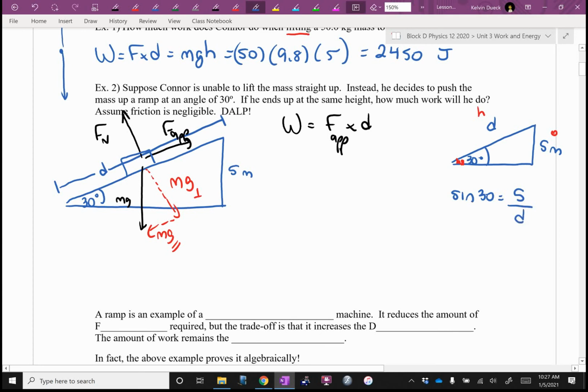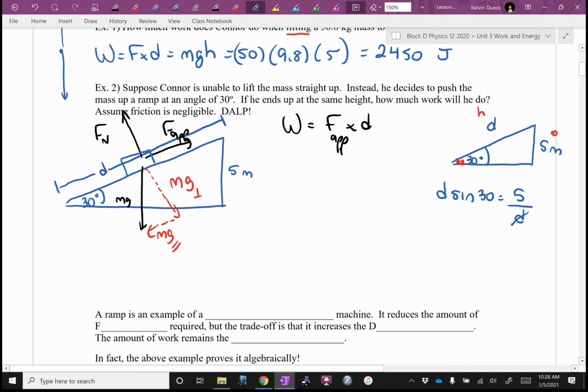How would I get the d by itself? Well, dividing by d on the bottom on the right, that's the same as multiplying by d there, yes? Remember all these little tricks of the trade we picked up? And then how would I get the sine 30 over? How to move the sine 30 over to get the d by itself?